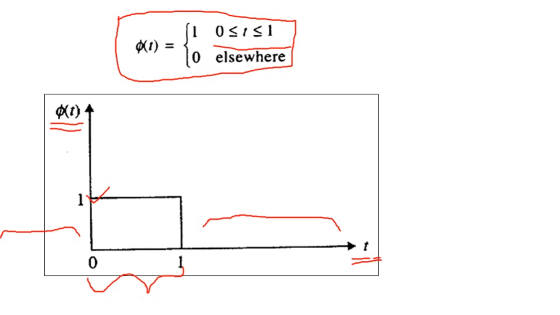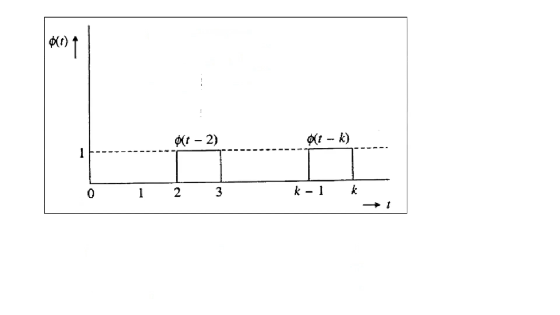So here we have one illustration that will show you the translations of the Haar scaling function. Here we have phi of t on the vertical axis, whereas time as a parameter is on the horizontal axis. You can see that the amplitude 1, which was for the time duration 0 to 1, has been shifted to 2 to 3.